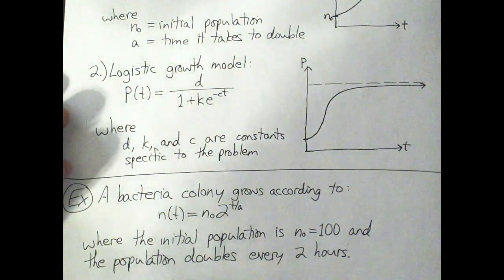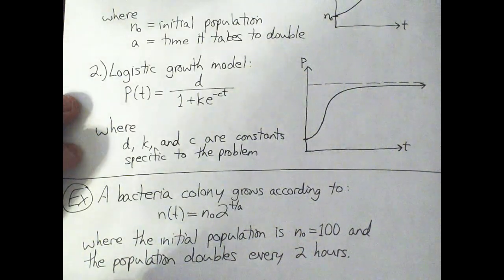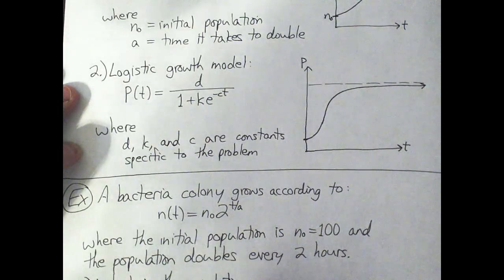So I haven't really asked a problem yet, but I'm going to have two questions for this that I'll talk about. Part A, what is the population after 7 hours? And part B, when is the population 10,000?